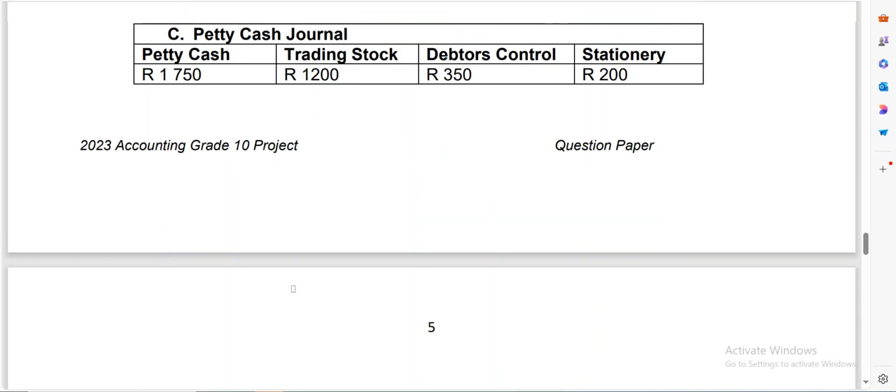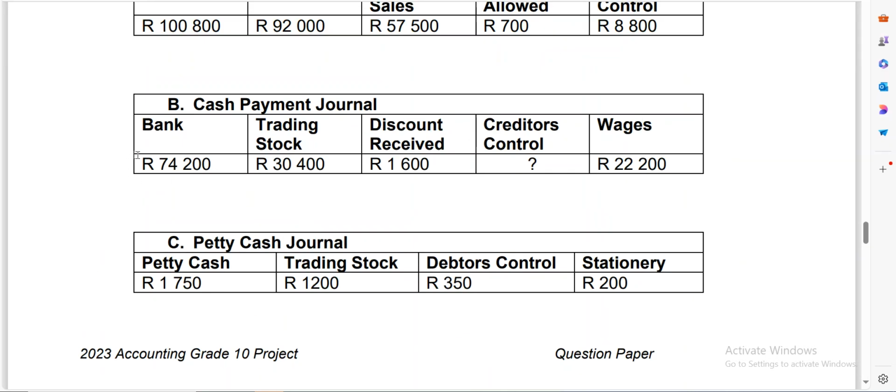Remember, we have our bank figure here. It has a debit balance. We have trading stock. Remember, at the end of the day, these things should be the same, right? The information should correspond, right?